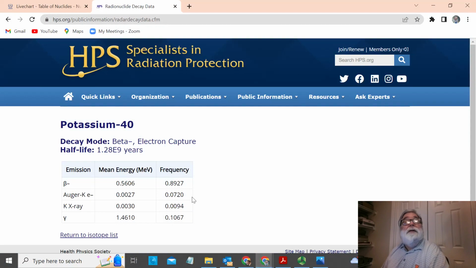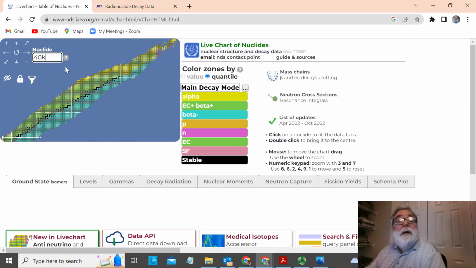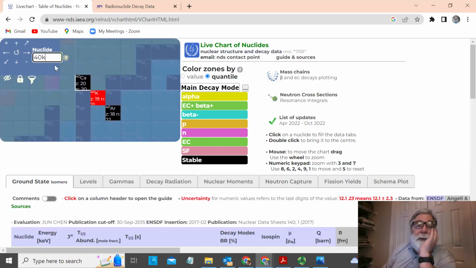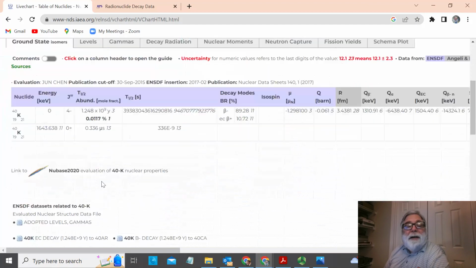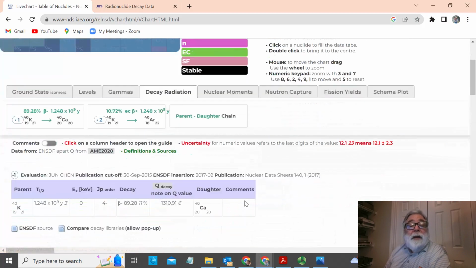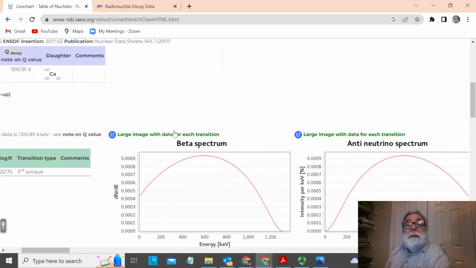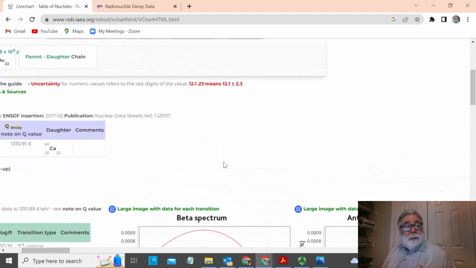So let's go look at the chart of the nuclides, and let's look at K40. So K40, look, it's got a black one here and a black one here. K40 is unstable, but it can go either to calcium 40 or it can go to argon 40. If it decays by beta minus decay, let's go to the tab for decay radiation.